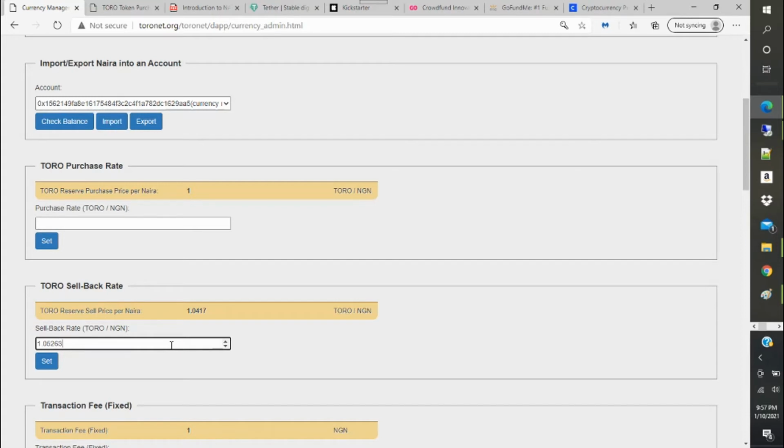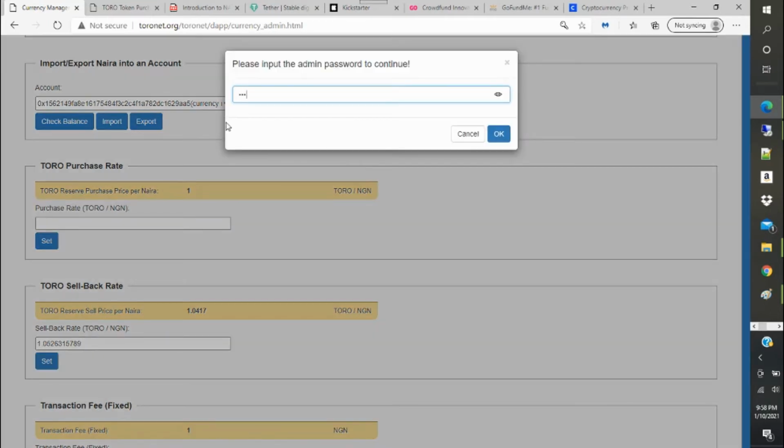Now, these rates are all determined and decided by vote by the foundation members. But for this exercise, we've just decided that the Toros as a stable coin are created 1-to-1 with the Naira, right? And when a user withdraws Toros, it is withdrawn at the rate of 0.95 to 1, so that the reserve actually makes a gain when assets are brought onto the blockchain and withdrawn, just like any foreign exchange that anyone is familiar with.